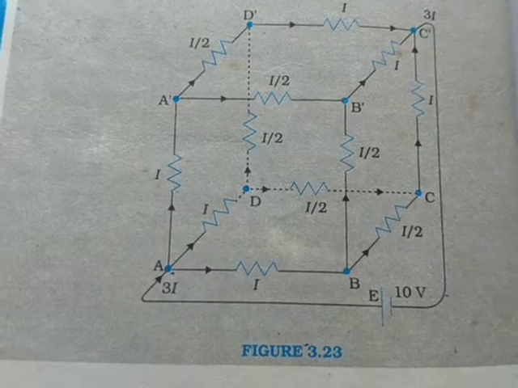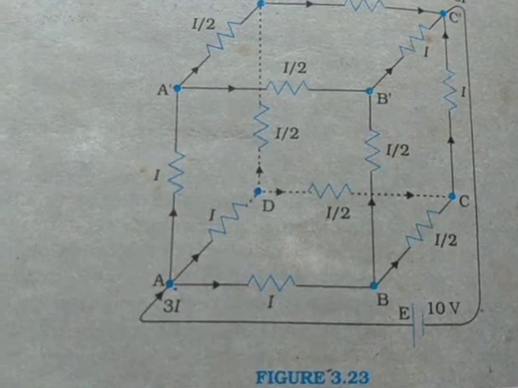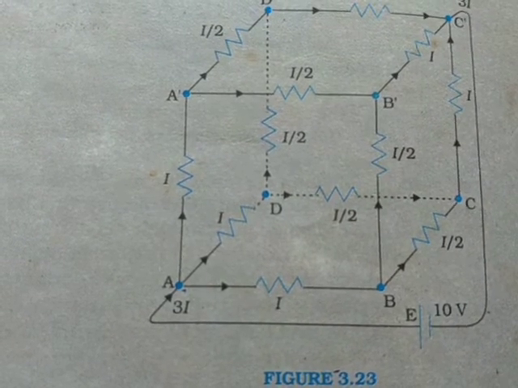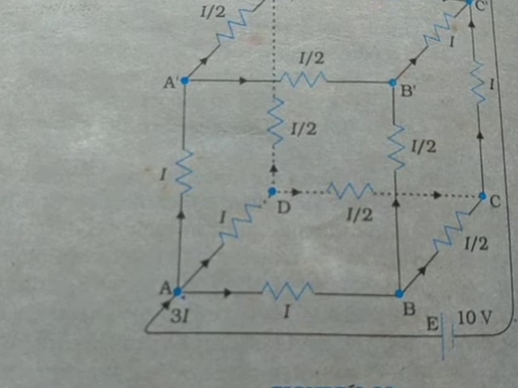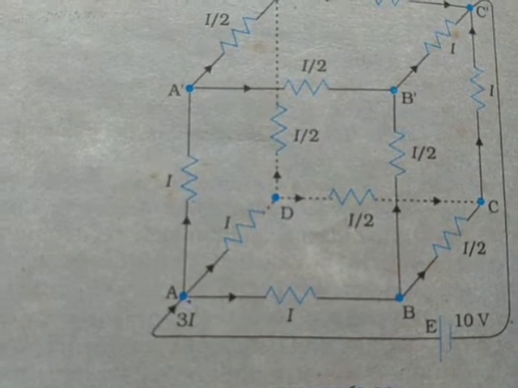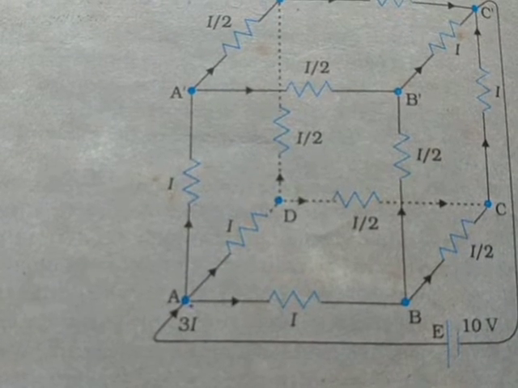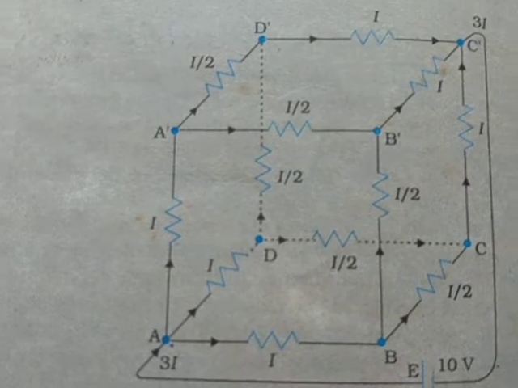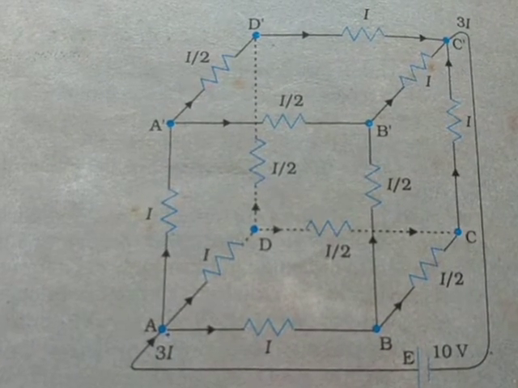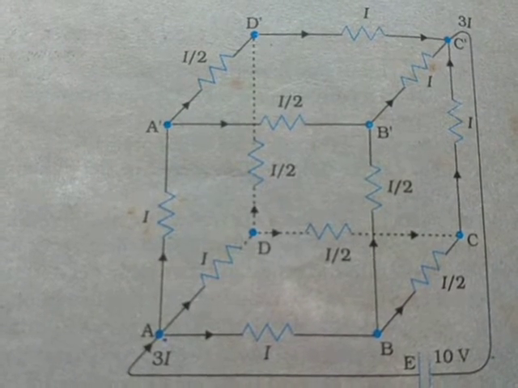Now if we consider that current I is flowing through the arm AB, current I is flowing through the arm AD, and current I is flowing through the arm AA1. We are considering the same current in all these three arms because, from symmetry, each arm has ramification into two branches at the other end.